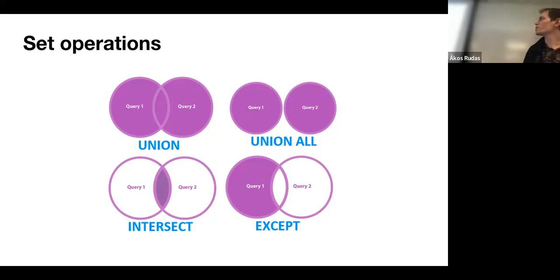Just so that everybody understands, the union of two sets will contain all the elements contained in either one of the sets. So if we have AB and CD, then the union will contain ABCD. Union all in the multi-set sense means that if we have AB here and AC here, the union all will have A, B, C. A and B from this side, A and C from this side. The A will occur 2 times in the resulting set.